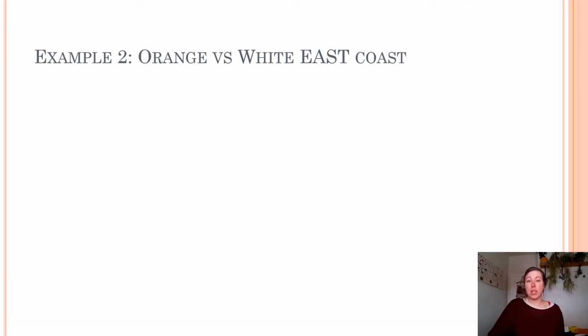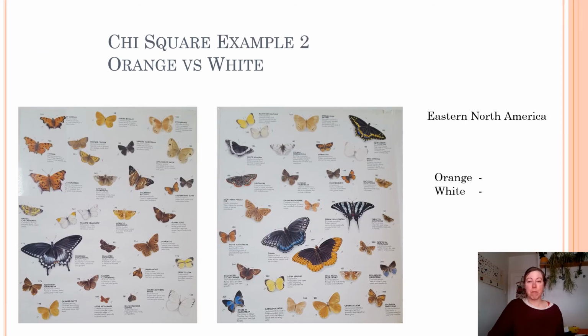If you found that whole presentation a little overwhelming, let's practice. Let's do a second example. This time we're going to look at the butterflies in eastern North America. So same null hypothesis.